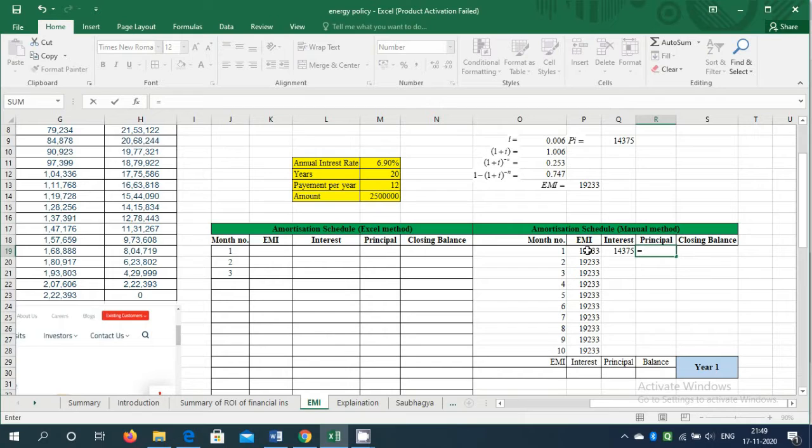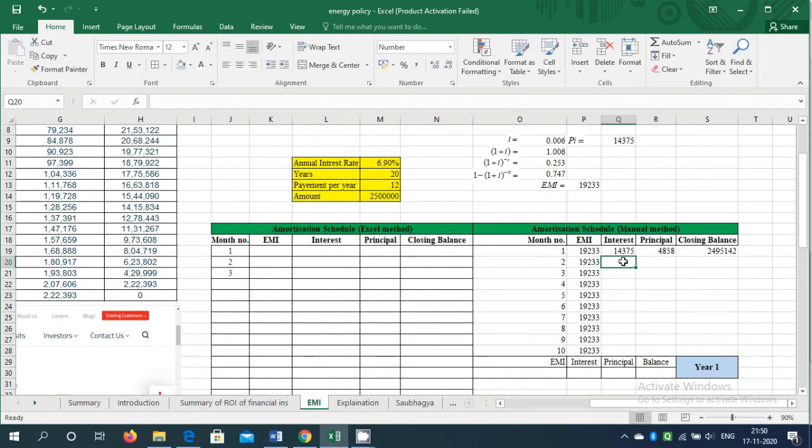How I'll calculate: EMI minus the interest, that will be giving me this principal amount. Then closing balance would be how much: total amount is 25 lakhs minus principal. Okay, so thus I found out the closing balance for my first month.